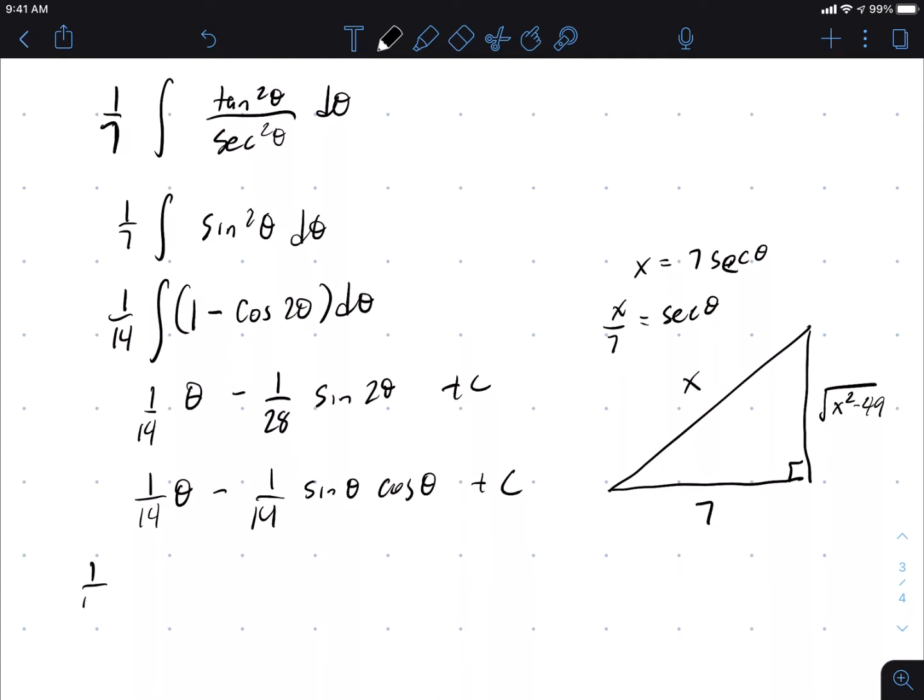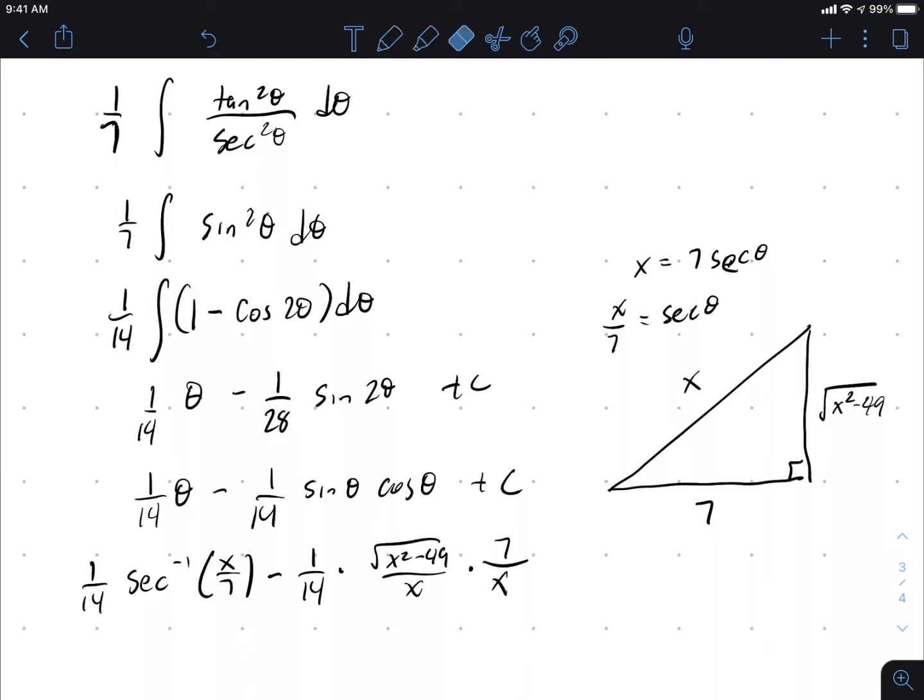So now, when we go to get our theta, we should get 1/14 secant inverse of x over 7 minus 1/14. Sine is going to be opposite over hypotenuse. And cosine is going to be adjacent over hypotenuse. Oops, that should be an x. No, that's right. Right? And then let's not forget our plus c.